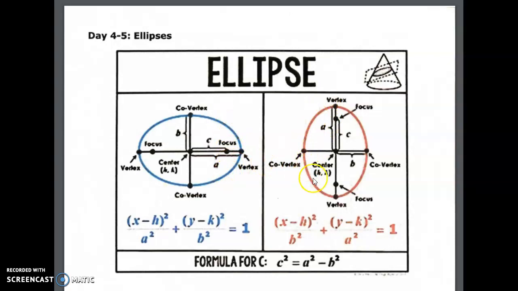But if you have a vertical ellipse, your latus rectum, which still needs to be perpendicular to your major axis, goes horizontally left to right. In an ellipse, we calculate our latus rectum length by taking our a squared value, dividing it by our c, and doubling it. So it's a squared over c times 2.